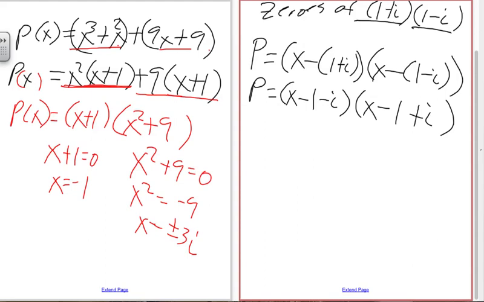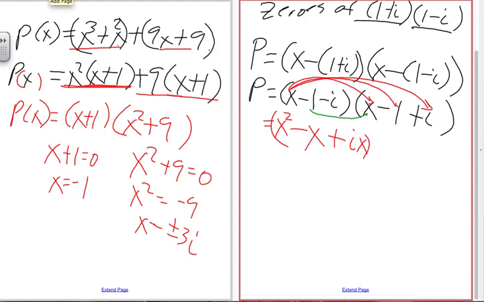Okay, now to come back in and work this, we're going to have to distribute. So the first thing we're going to do is take my x and take it to all three terms over here. So that will give me x times x is x squared, minus 1 times x is x, plus ix. So that's from the first one. Then I'm going to take my negative 1 and distribute it.